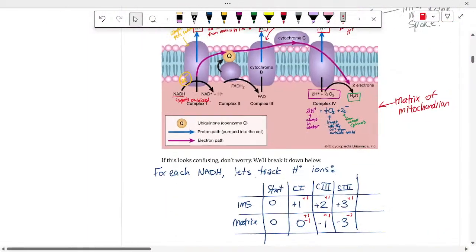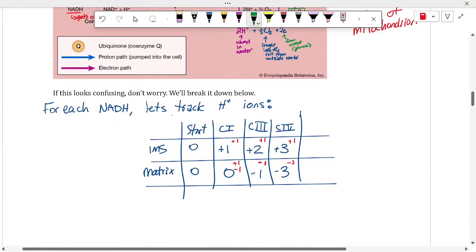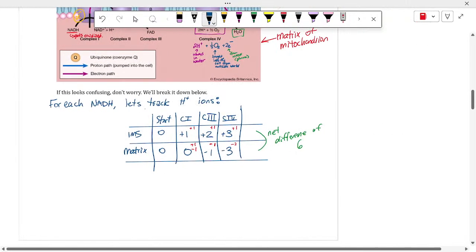But the numbers work. So there's a net difference of 6. Does that make sense? There's a net difference, when this is done, of 6. So after this process, there is a high concentration of H plus in the intermembrane space.